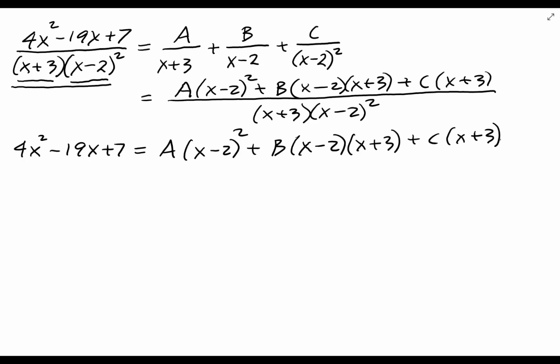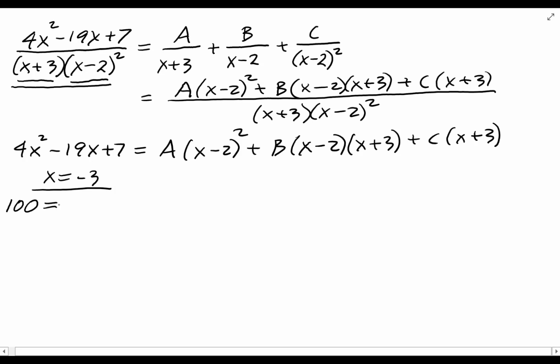Now the next step is to plug numbers in for all the x's. And we're trying to get some of these terms on the right to cancel. Okay, let's plug in negative 3. If you plug a negative 3 into this left-hand side, you're going to get 100.